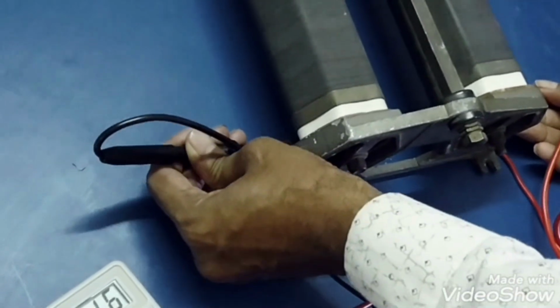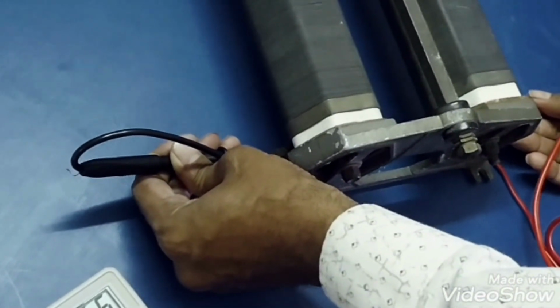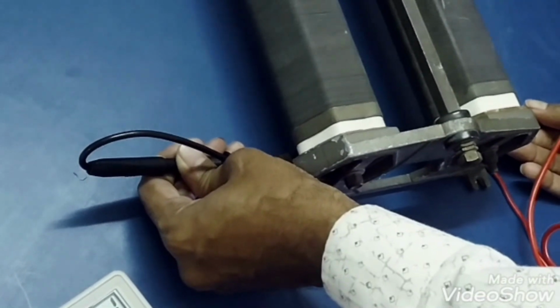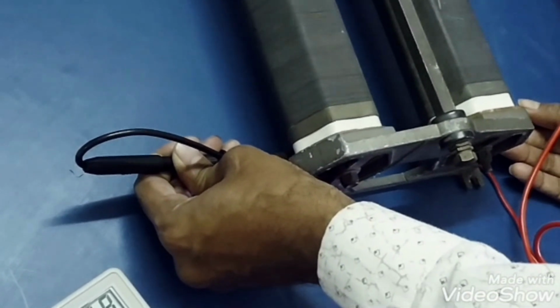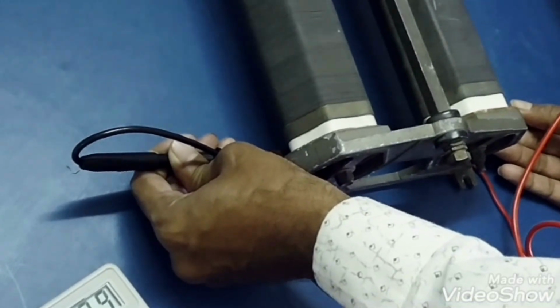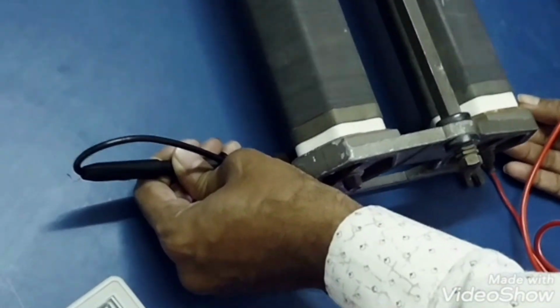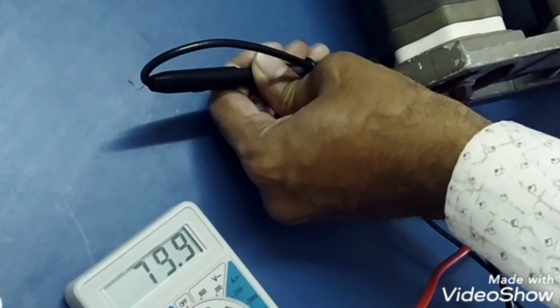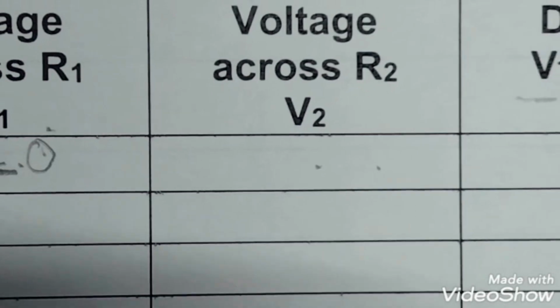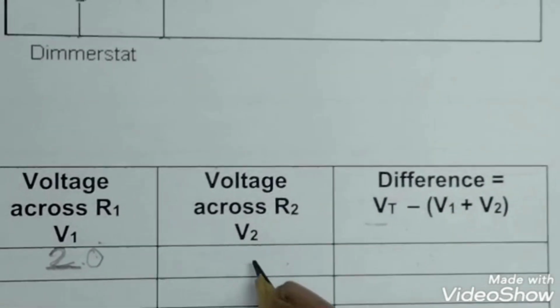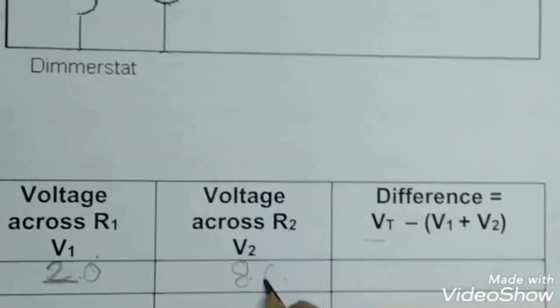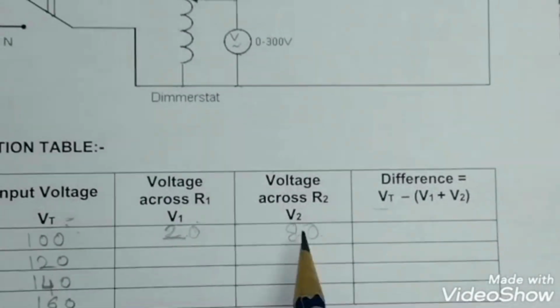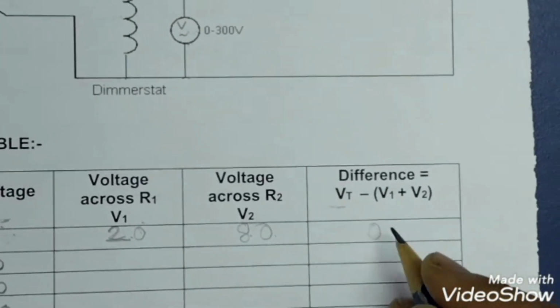You will get approximately 80, 79.8. You have to take 80. V2 is 80. Then summation of V is equal to 0.